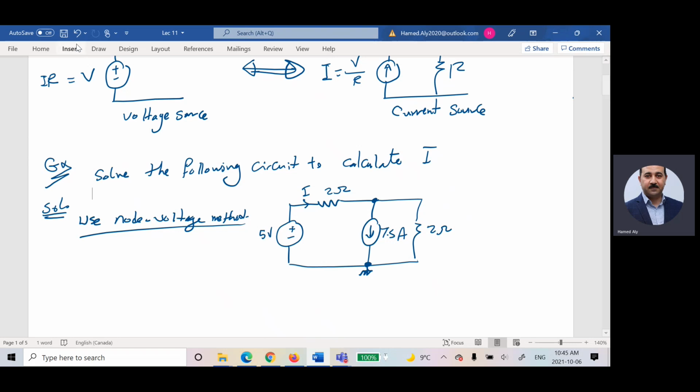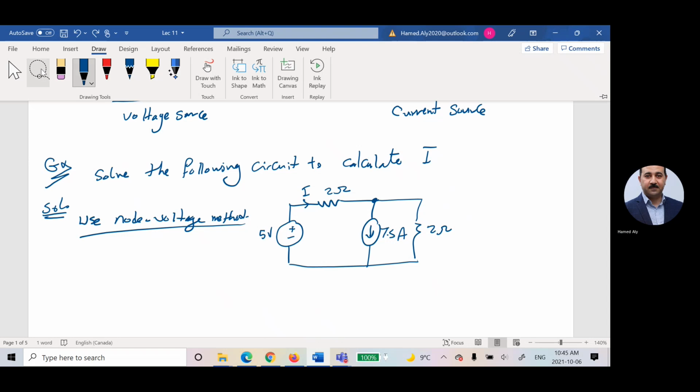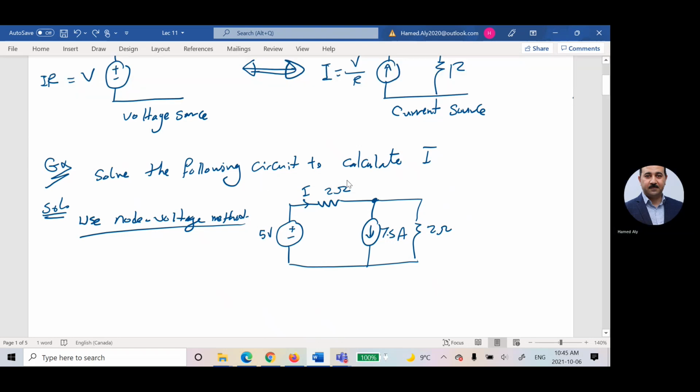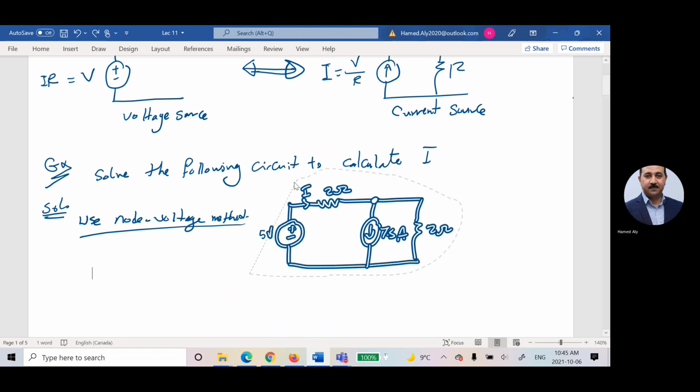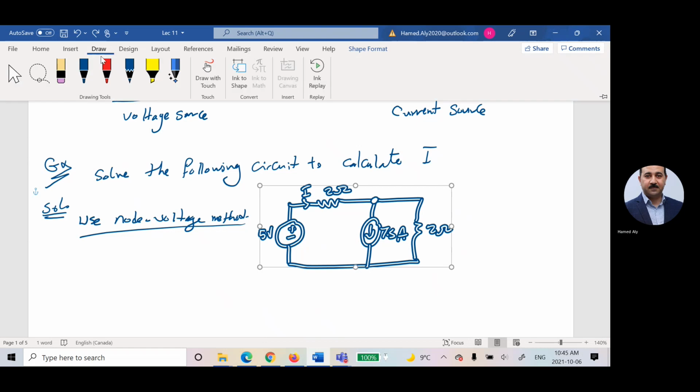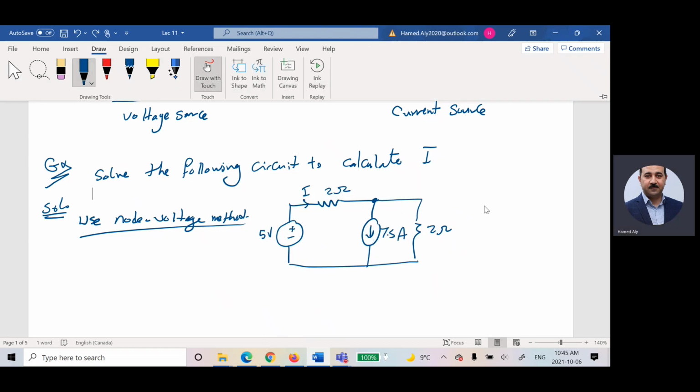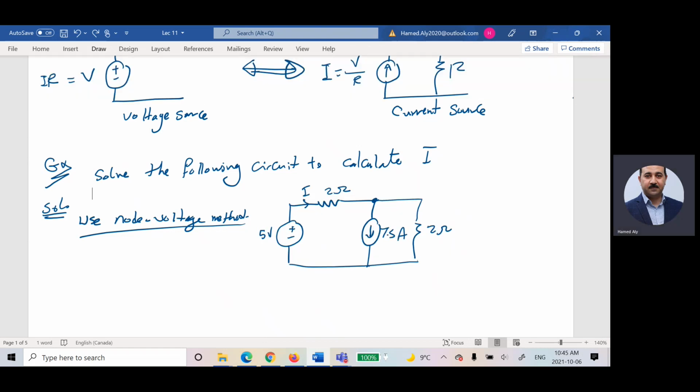Which is the unknown voltage, but I would like to copy this circuit first because I'm going to use it later on. So what am I going to say? This guy will be my reference. Then this is V1. I will say the summation of I is equal to 0 for node 1.